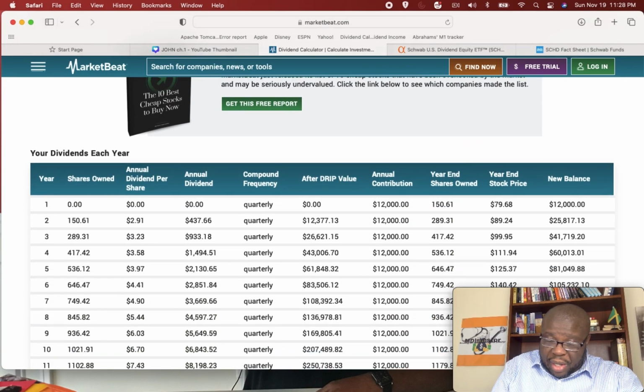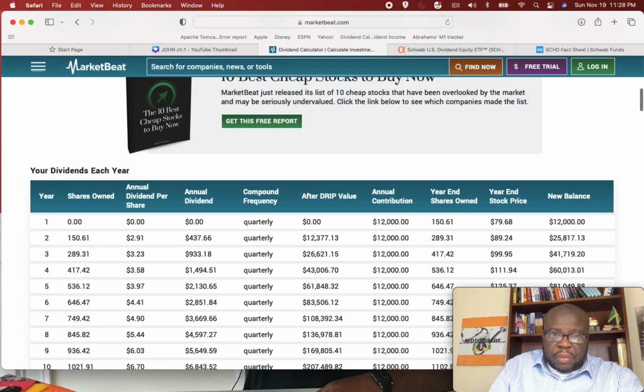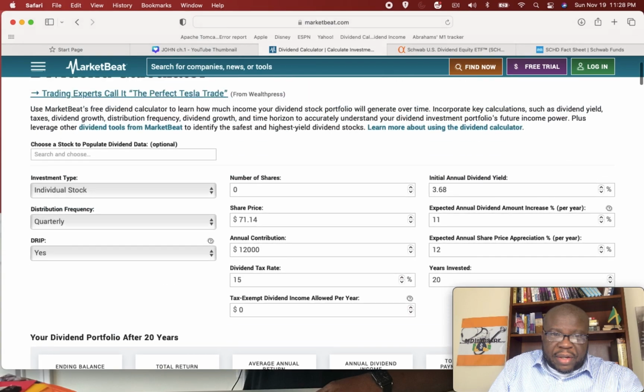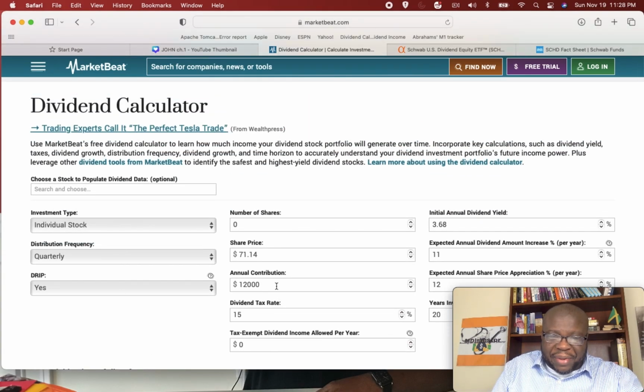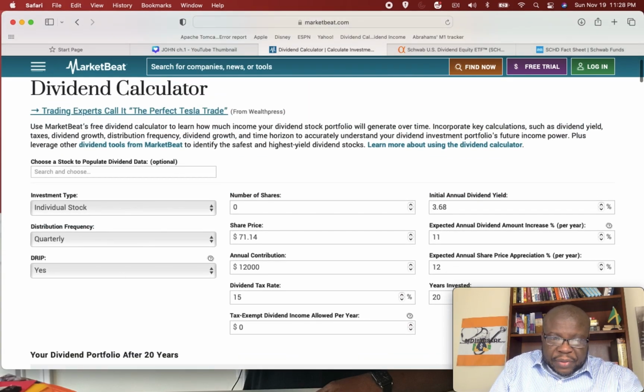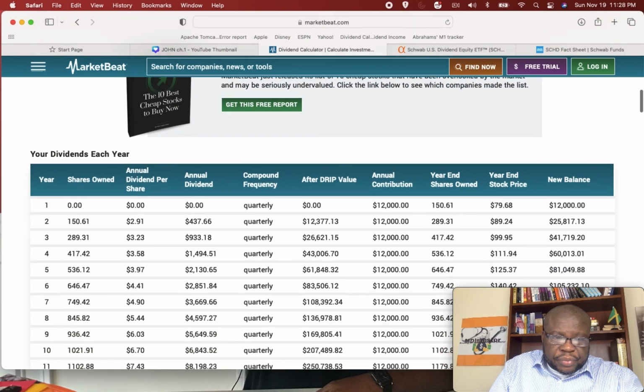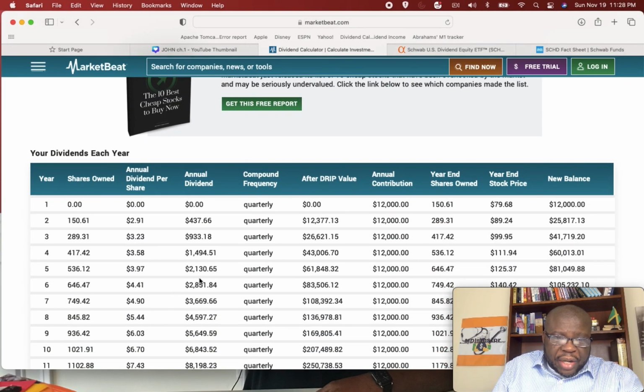That'll be about $500 every month. You see the numbers a little faster. Now this is $1,000 a month. After 5 years, you're getting $2,000 in annual dividends.